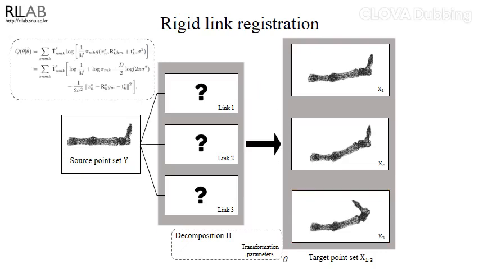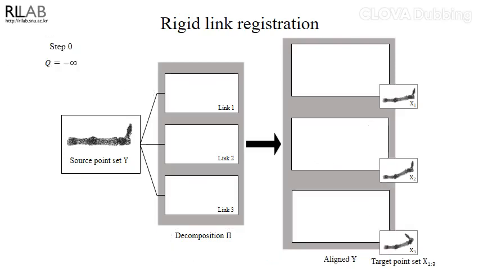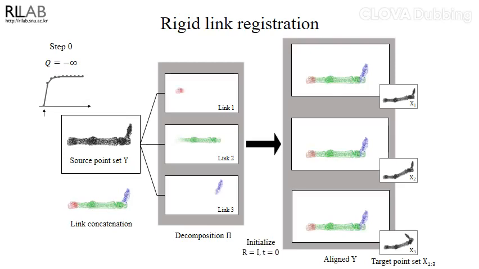We optimize the decomposition matrix pi and the whole set of transformation parameters by using the algorithm, and the objective can be expressed like this. At the beginning of the optimization, we initialize the decomposition using the general GMM clustering method and initialize the rotation matrix to the identity matrix and the translation vector to the 0 vector.